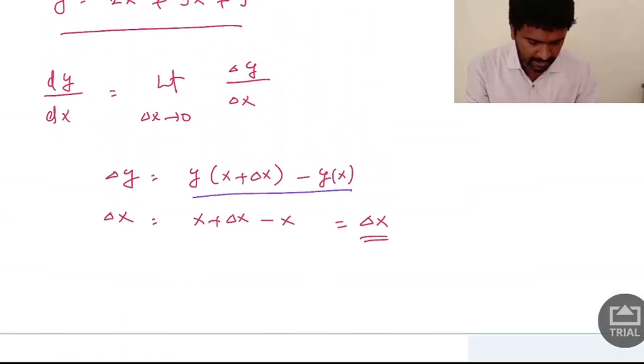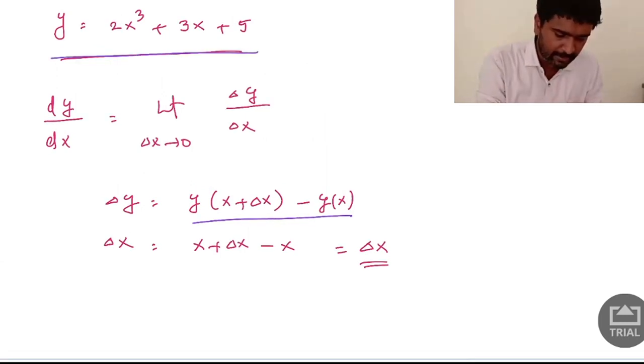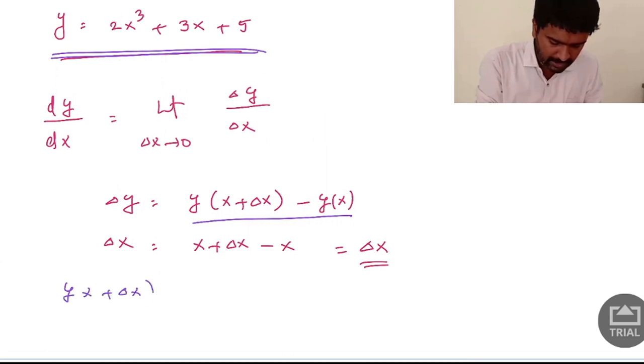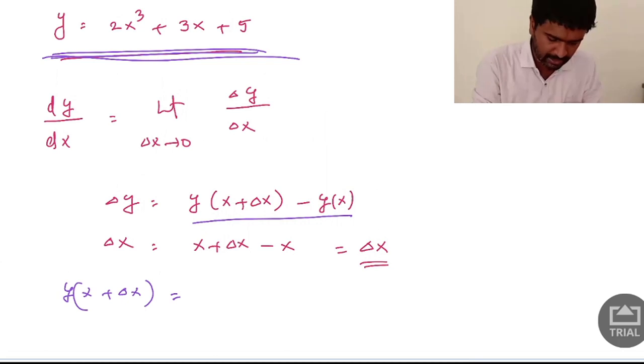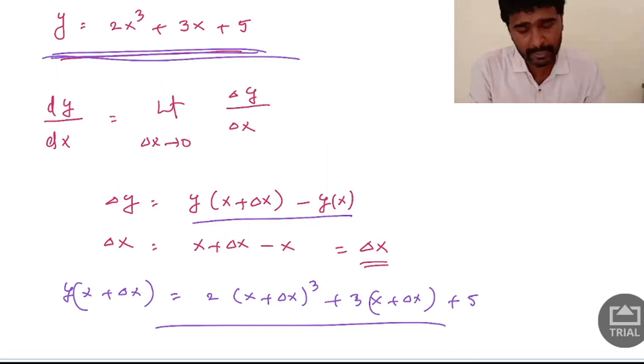Then let us see from here what is y of x plus delta x. So this is your y. Now y of x plus delta x equals 2 into, instead of x I get x plus delta x, whole power 3, plus 3 into x plus delta x plus 5. So this is y of x plus delta x.